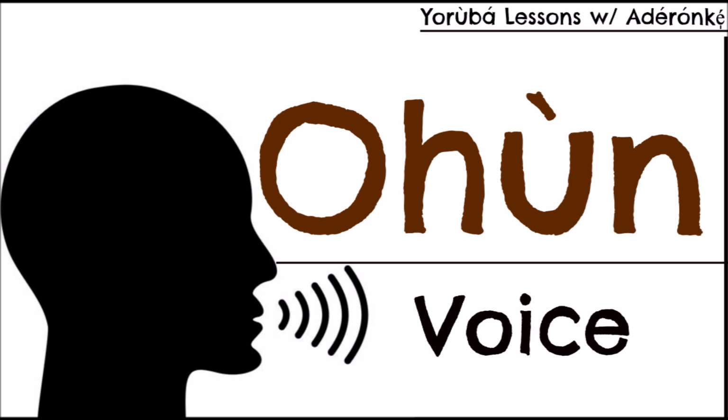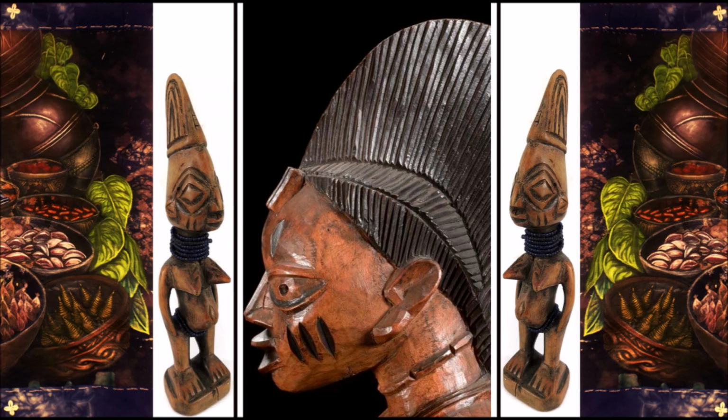You are. Bo is here, as in hear. You're hearing. Me is me. So bo me, you're hearing my voice. Bo me. You're hearing my voice. So that would be it for now.